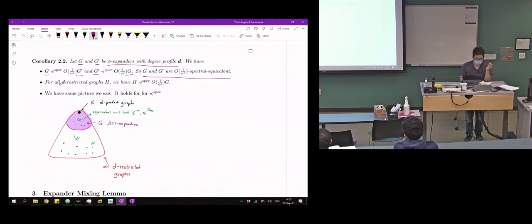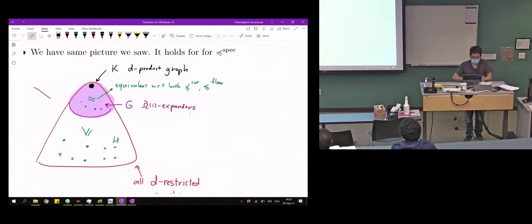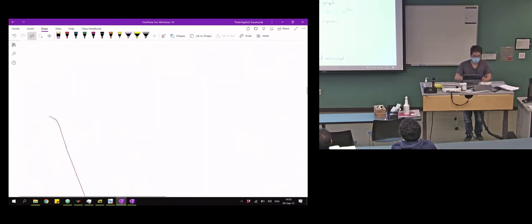Okay. And for every graph H that is the restricted graph, H will be less than G. So basically you have the same kind of what?